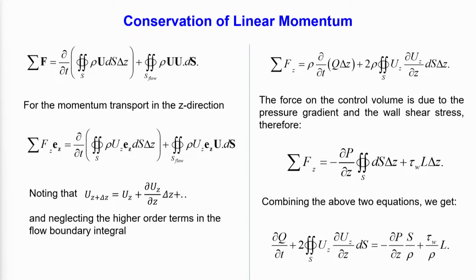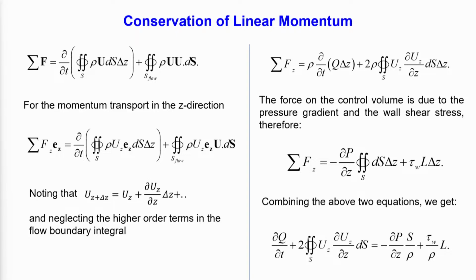So, u z plus delta z minus u z is responsible for the differential flow, and you can write that in a Taylor series expansion and keep the first term only, and again substitute that in the right hand side. So, you will get the net flow when you are talking about outflow minus inflow, that is u z plus delta z minus u z.